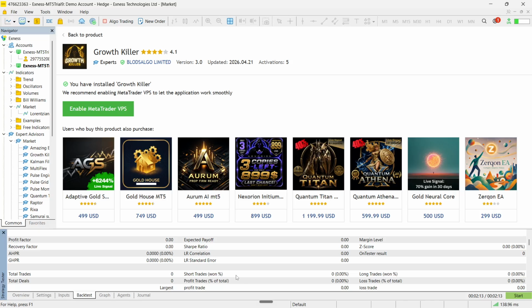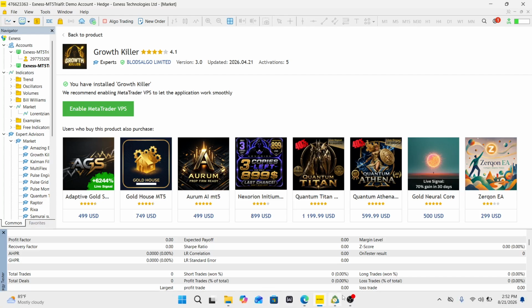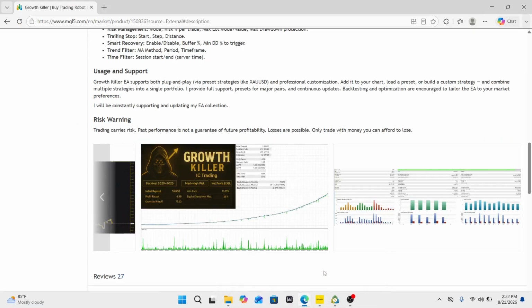When the grid and smart recovery features are enabled, the risk profile changes significantly. Grid systems with lot multipliers and recovery buffers can produce attractive closed trade curves while allowing deep floating drawdowns. The single shot mode without grid is the cleaner risk structure. Let's get back to the site.